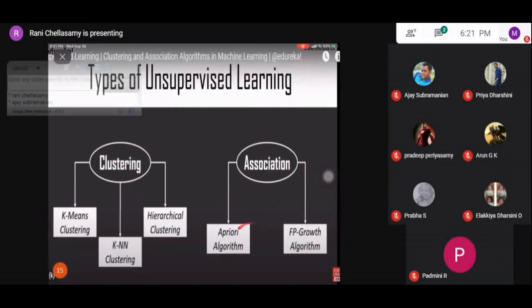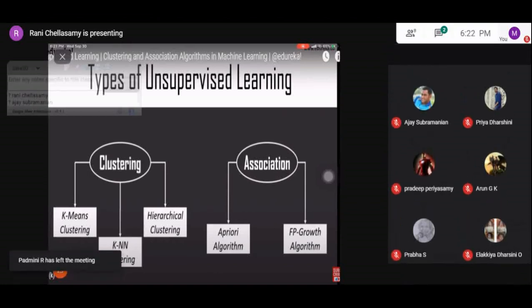These two algorithms are used to find the frequent item sets. After finding the frequent item sets, we have to form the association rules. Then we check whether we are forming a strong or weak association rule based on the support and the confidence value, given the minimum support threshold and the minimum confidence threshold. Fine.